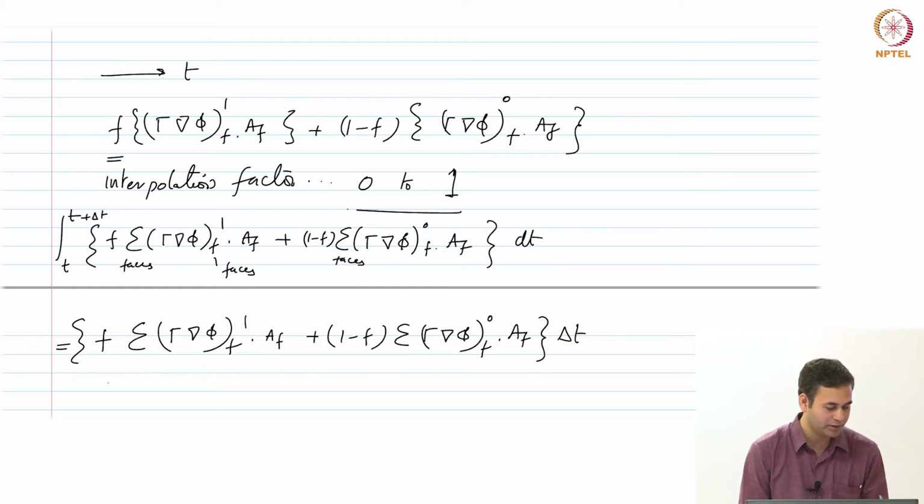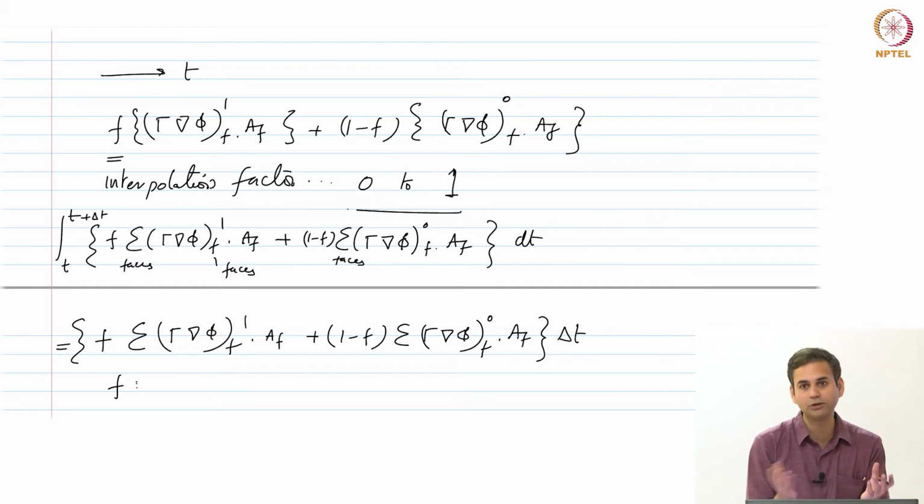What is f dependent on? f is an interpolation factor that determines the kind of time stepping scheme you want to use. We will come to that a little later. As of now, f is some interpolation factor. Remember the interpolation of gamma, where we have two particular cell values, it would go from one cell to the other cell. Similarly, f is something that we would decide based on the temporal scheme we want to devise.